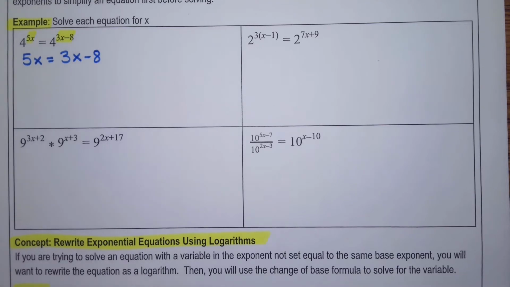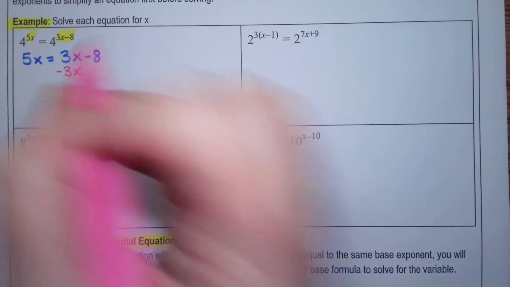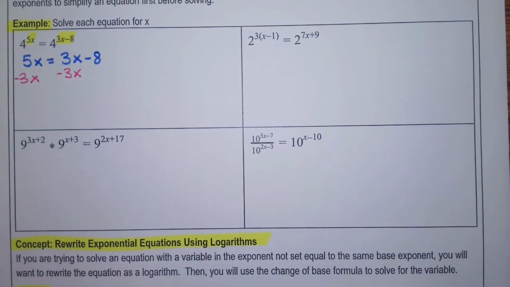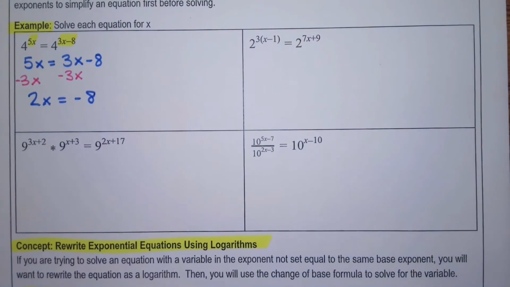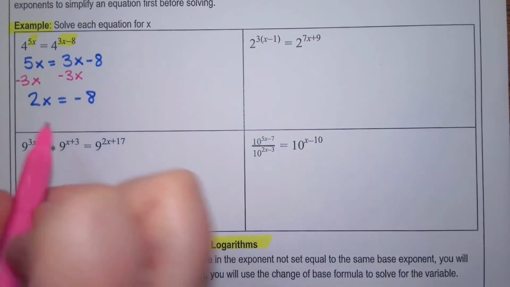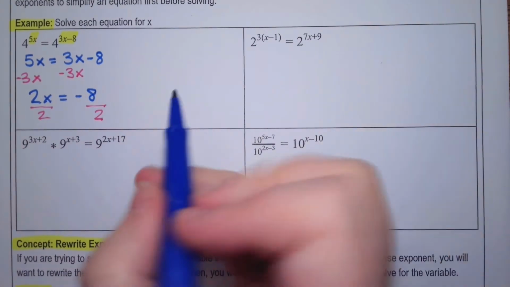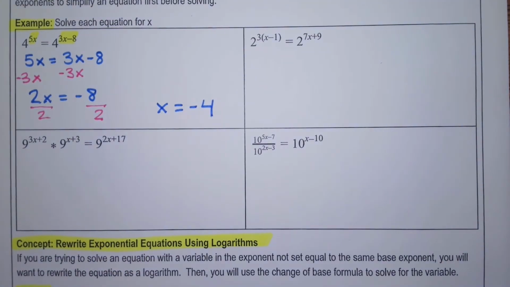And now all we have to do is just go through and solve. Subtract 3x from both sides. 2x is equal to negative 8. Divide by 2. And we get x is equal to negative 4.